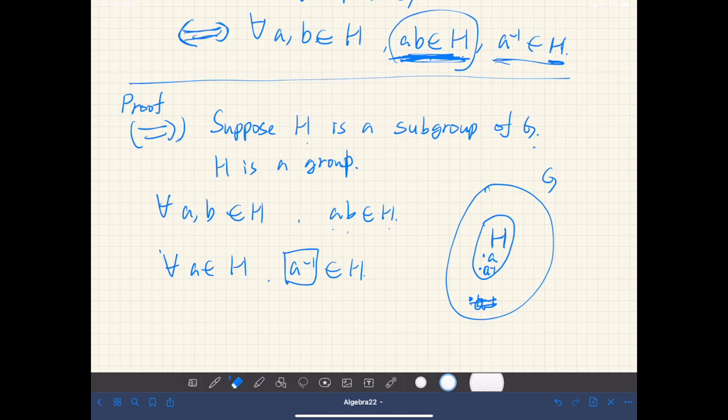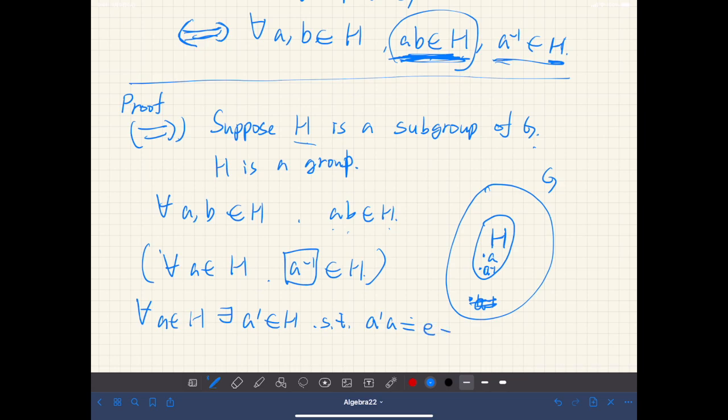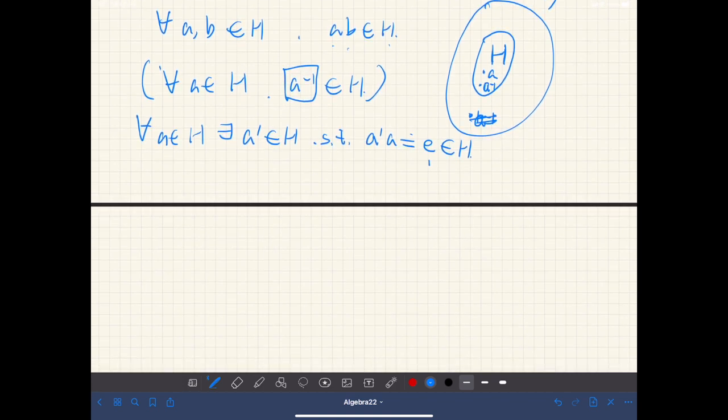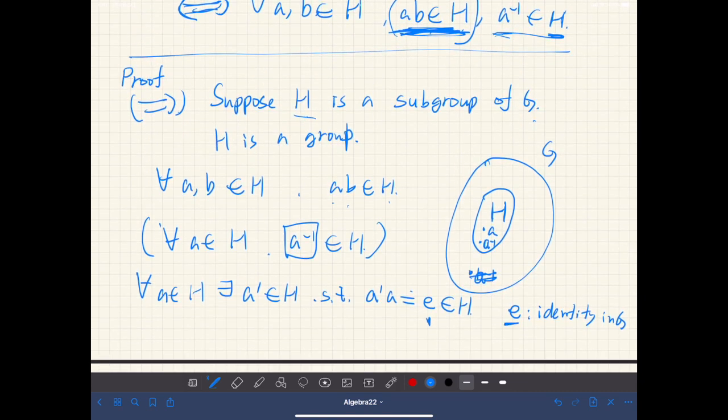So what this means is that, since H is a group, for every element in H there exists an element, let's call it A prime, such that A prime A is the identity element which is in H. But here again, this is the identity element in G, and we are not assuming that this identity element in G is also an element of H. So we are not assuming this.